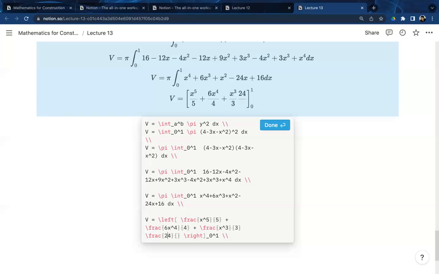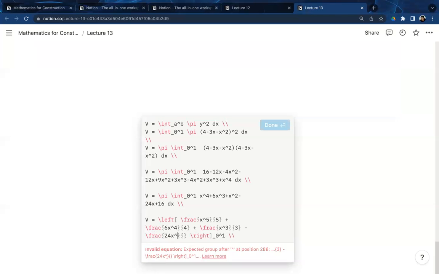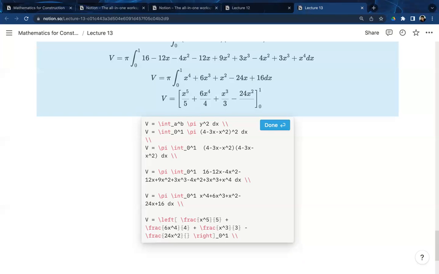Then the 24x squared over 2. I'll reduce after, right? You increase the power of this x by 1 and then you divide by the new power. So 24x squared over 2. Notice the signs remain, right?